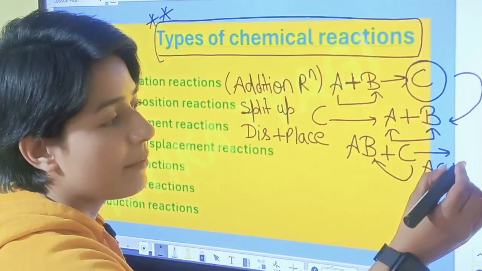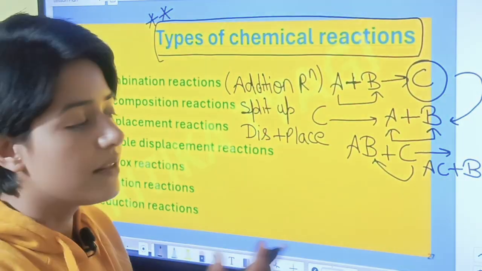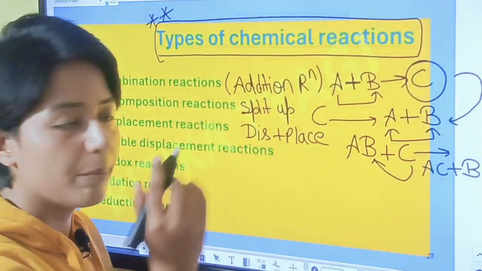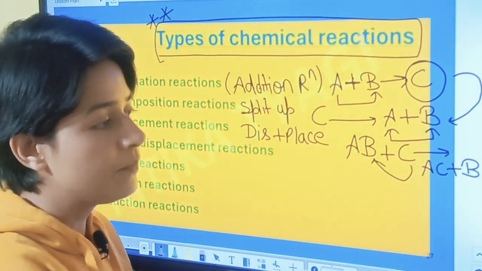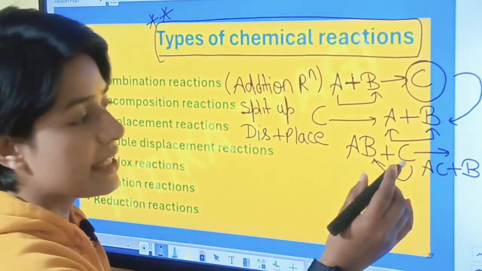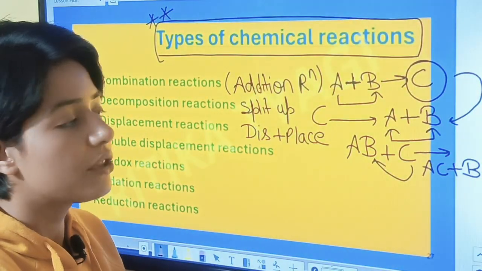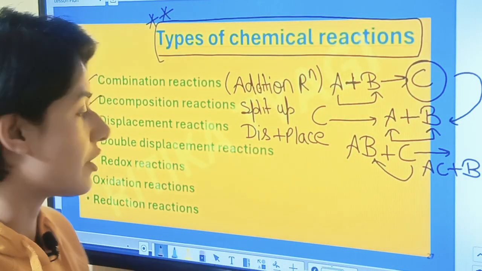So we get AC plus B. C is a more reactive element compared to B, so C displaces B from the AB solution and we get products AC plus B. A single atom displaces another atom from its salt solution; then it is a displacement reaction.